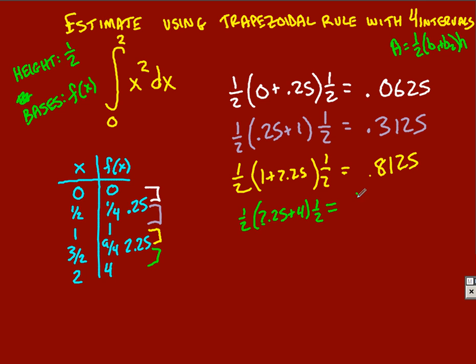And that one should come out as 1.5625. And then my answer in the end is if I add all these up. And when I do, I should get 2.75 as my answer.